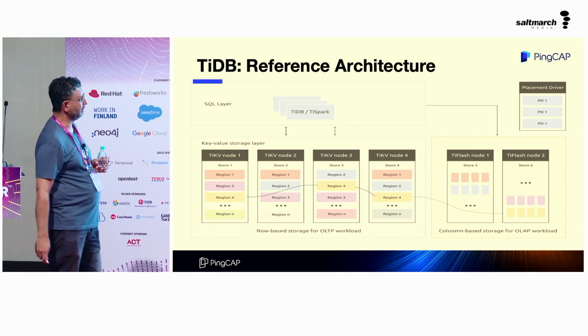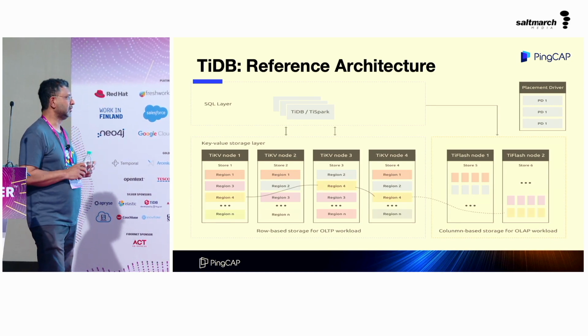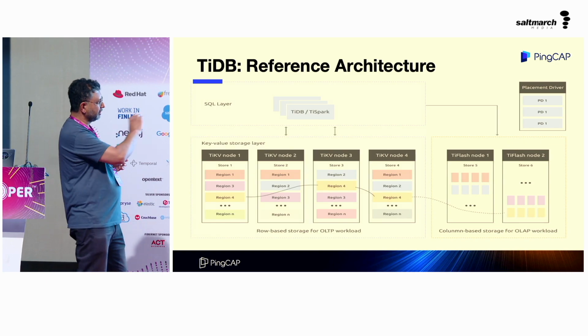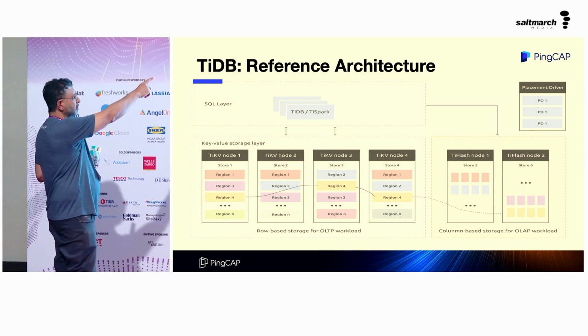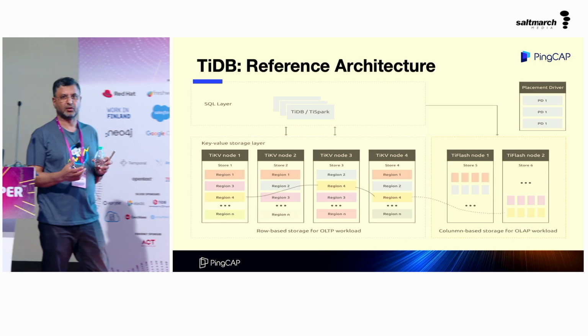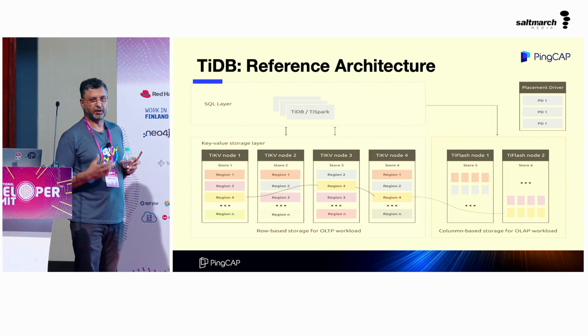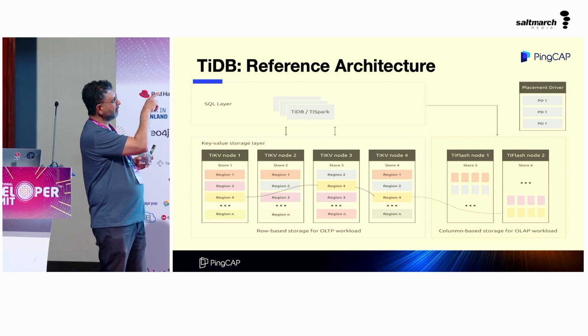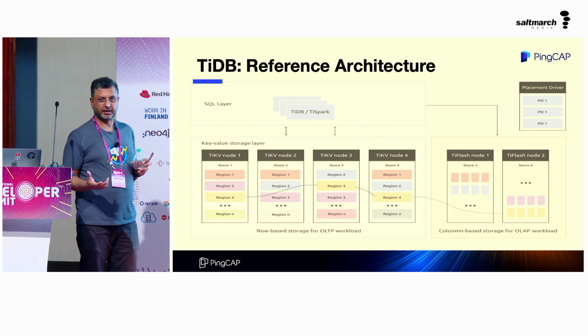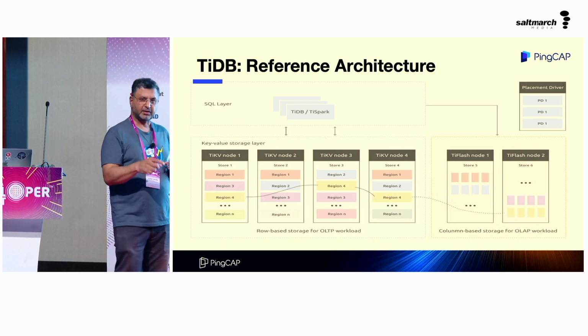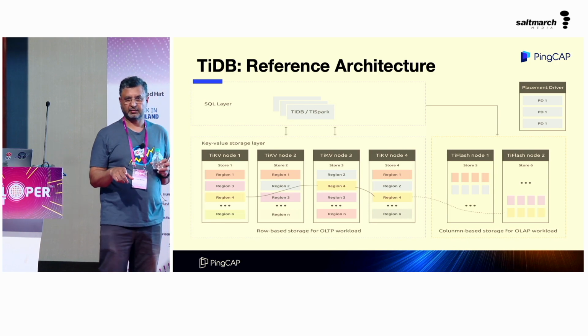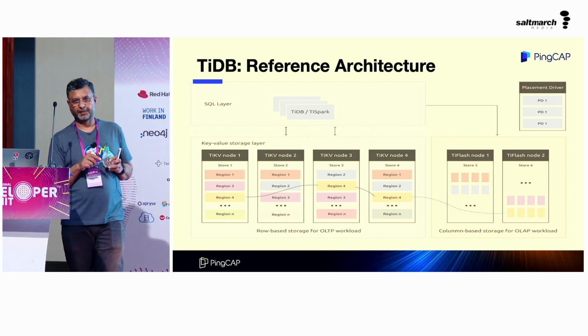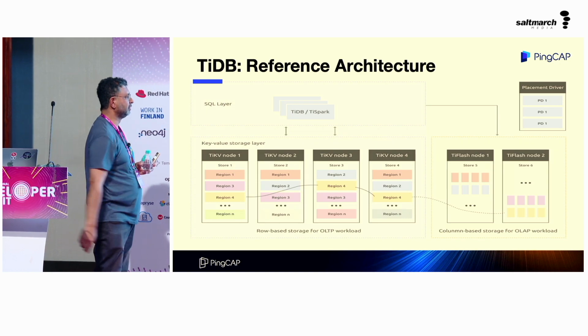Now let's switch to PD. PD is the brains of the whole thing. Once the data is spread out, the TiDB SQL server has to locate that data somehow. How does it do it? It talks to PD. Now PD and TiDB are stateless. So where is that data stored? PD runs a separate etcd cluster storing the metadata. It's completely separate from this cluster.